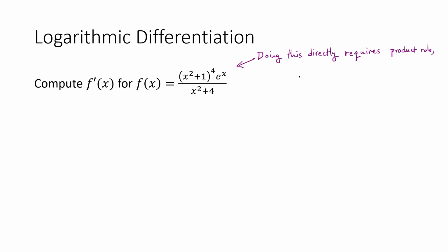We've got a quotient, so it also involves the quotient rule. And in addition, it's got this power 4 here, so it's some chain rule as well. So it gets very complicated.